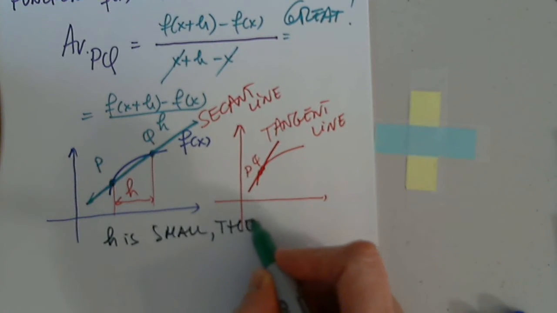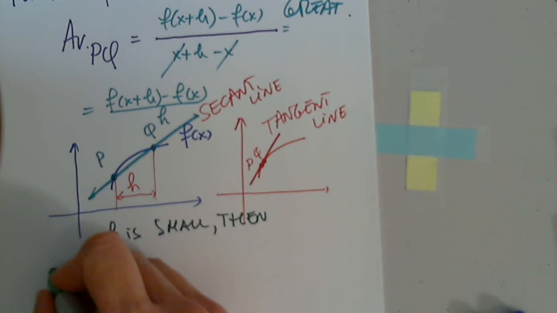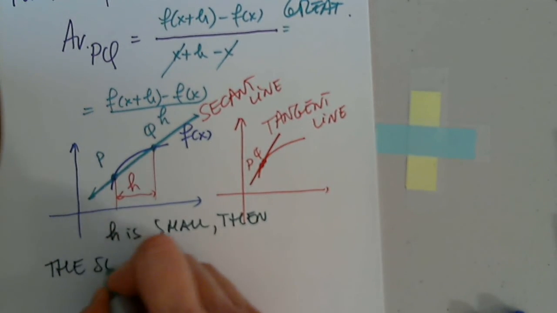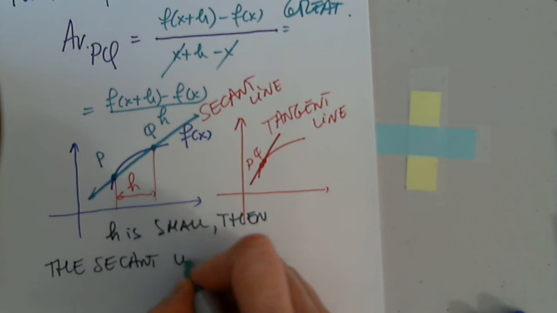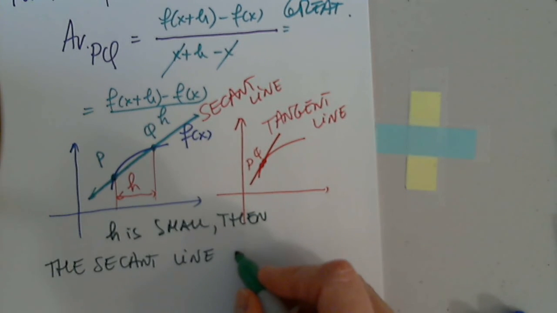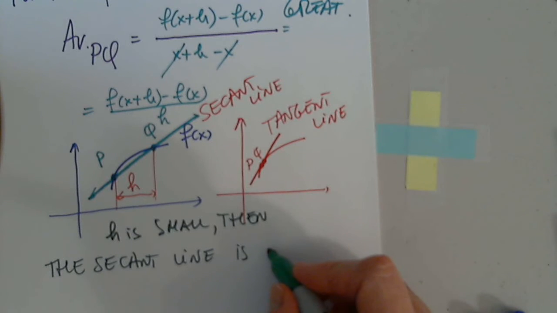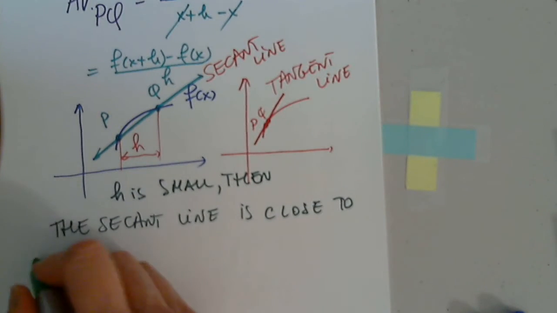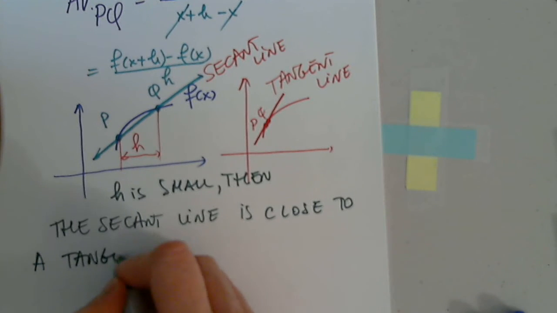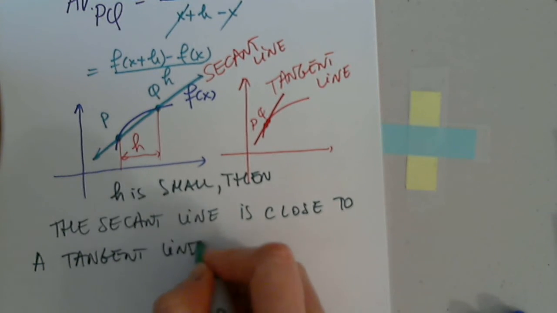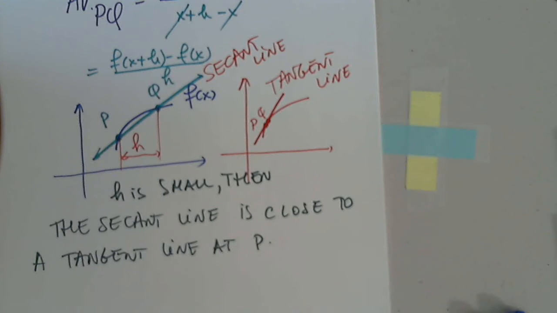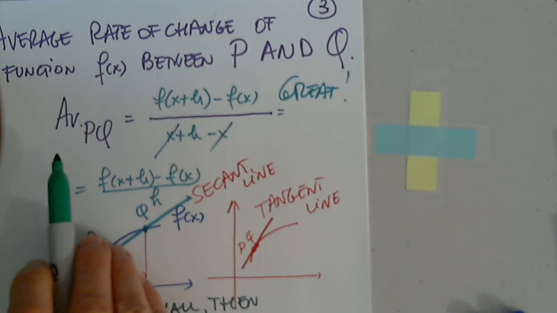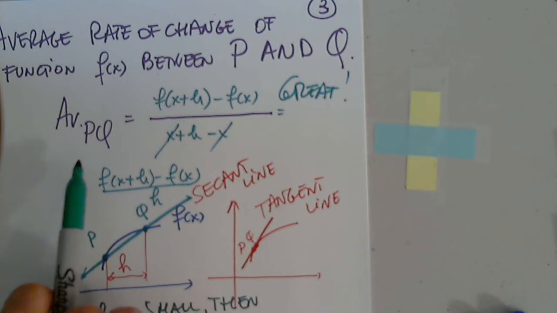then the secant line is close to a tangent line at P. So this is what the next step is.